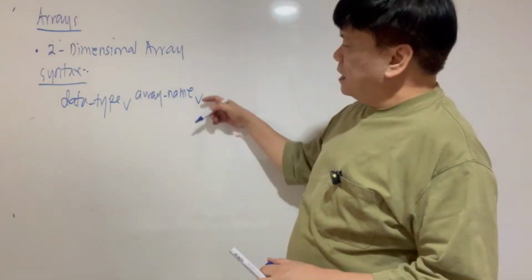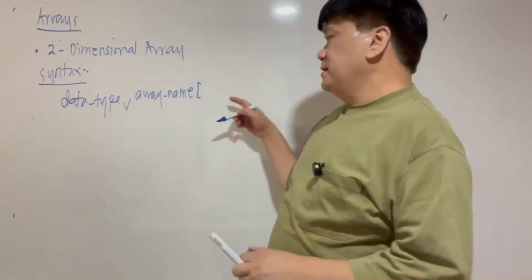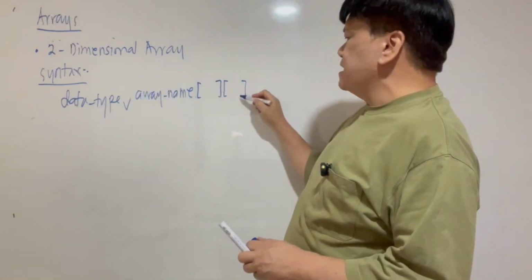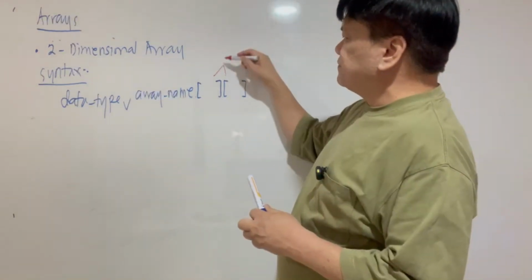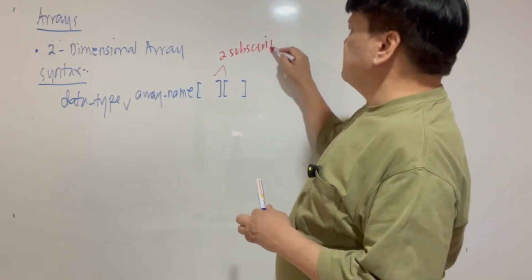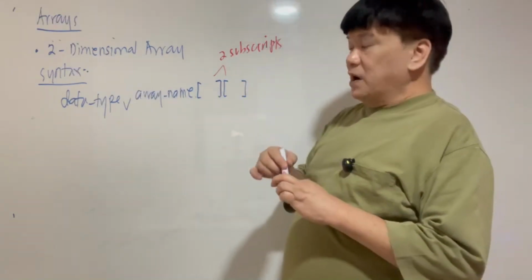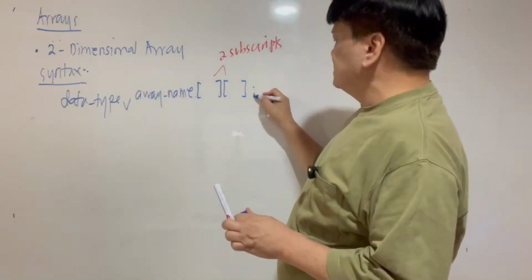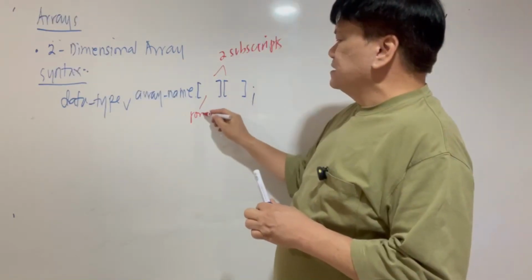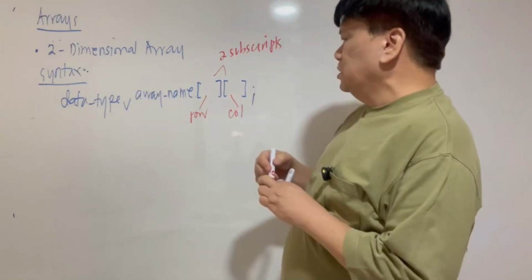And then we can have the size of the array next to the array name. So you can have two subscripts here, two subscripts for the two-dimensional. For the three-dimensional, we have three subscripts. And for the one-dimensional, we only have one subscript. And then semicolon. The first subscript is intended for the row, and this is for the column.